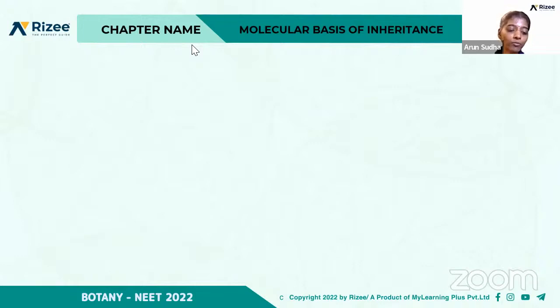Then the result of which of the following reactions experimentally carried out by Avery et al. on Streptococcus pneumoniae has proved conclusively that DNA is the genetic material? Option A, live R strain plus DNA from S strain plus RNase. Option B, live R strain plus DNA from S strain plus DNase. Option C, live R strain plus denatured DNA of S strain plus protease.